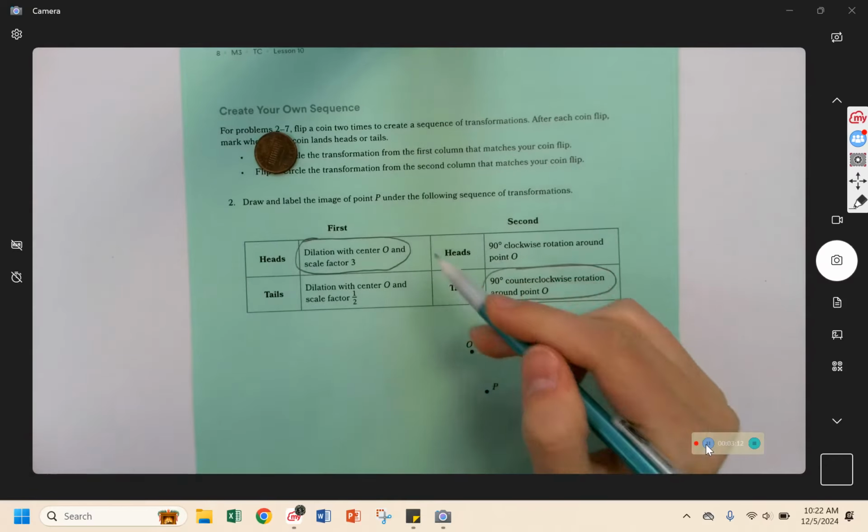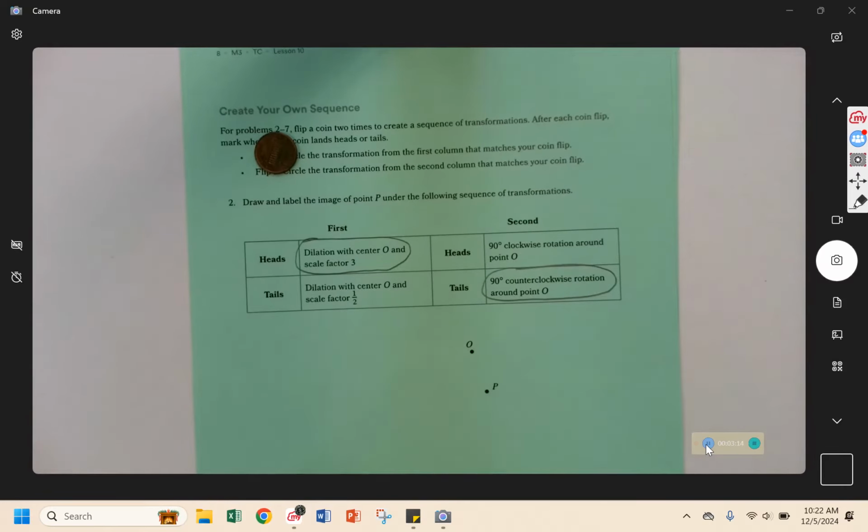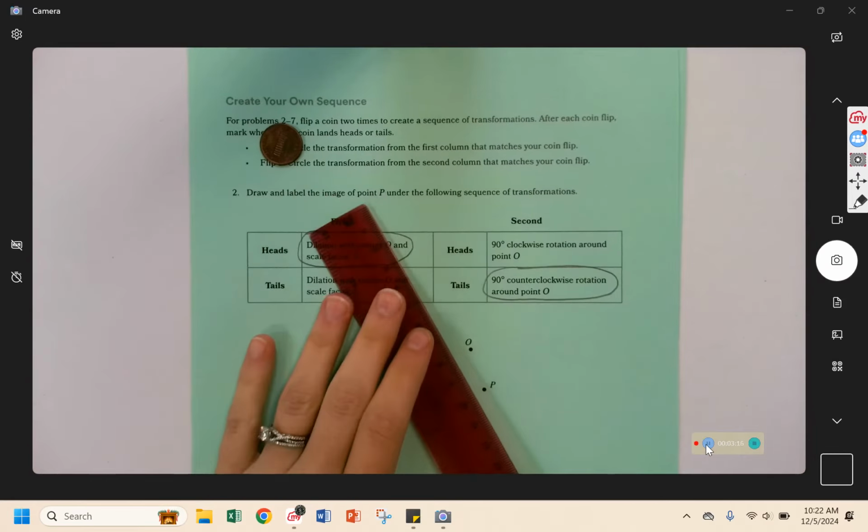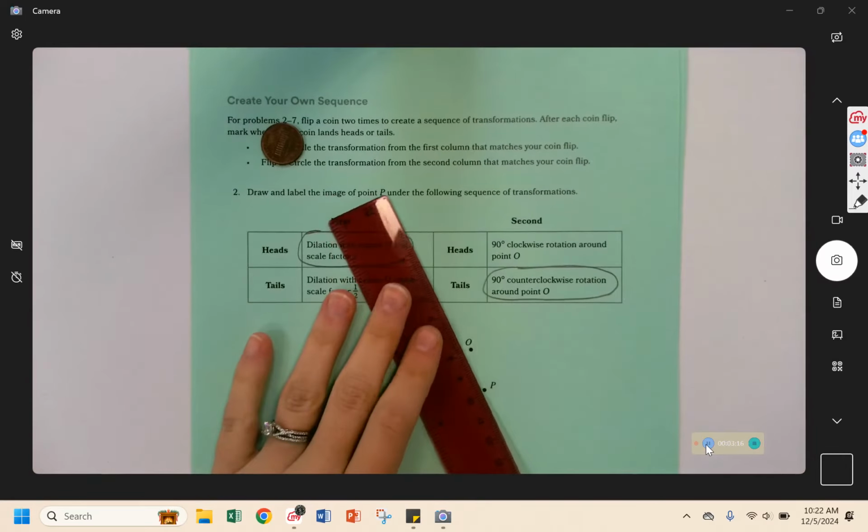So to start, we're going to dilate from center O using a scale factor of 3. So you will want a ruler and a compass for this lesson because we're not dilating along a grid.